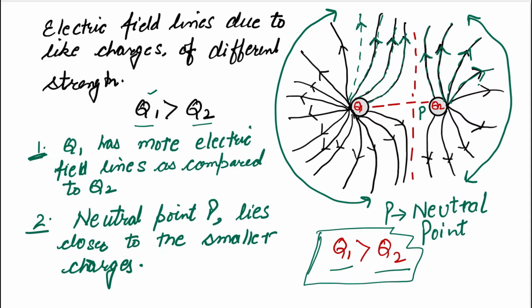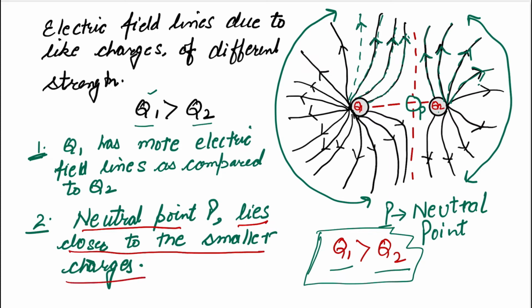Due to that larger distance travelled, it has shifted the neutral point towards q2. P is the neutral point, but it is lying toward q2. So the neutral point P lies closer to the smaller charge. It is very important to understand this.